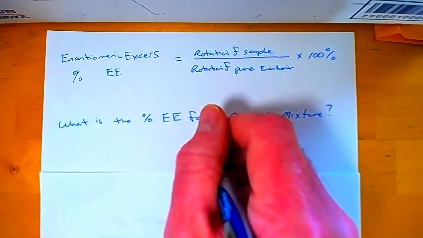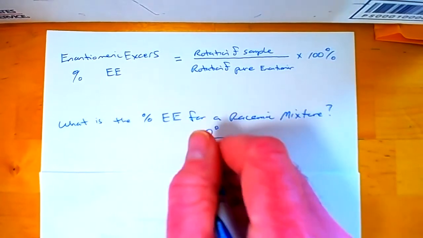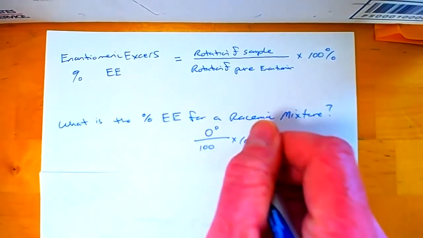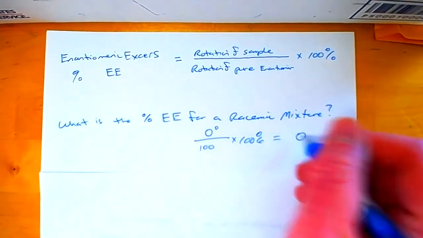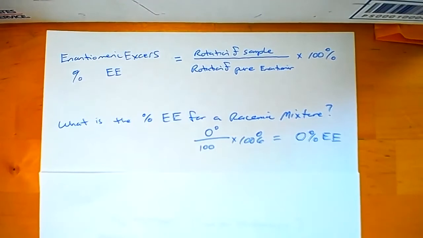Well, the specific rotation is going to be 0 degrees for your sample, and so that means that you're going to end up with a 0% enantiomeric excess, meaning R is not favored over S and S is not favored over R in any way, shape, or form.